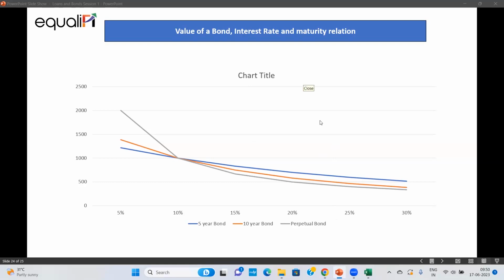No, Amit, this is not a current interest rate chart. This is a trend which has been captured. It is available in open source.